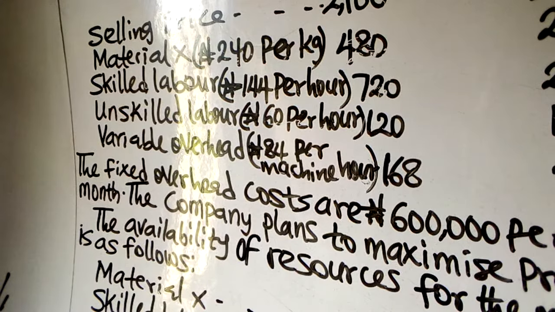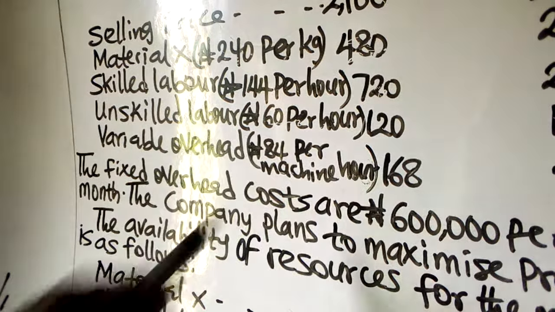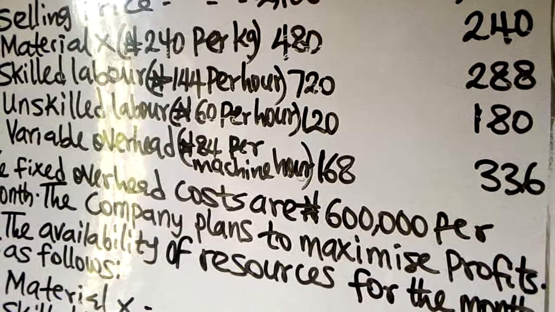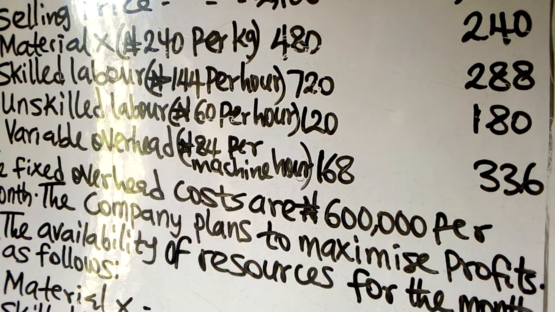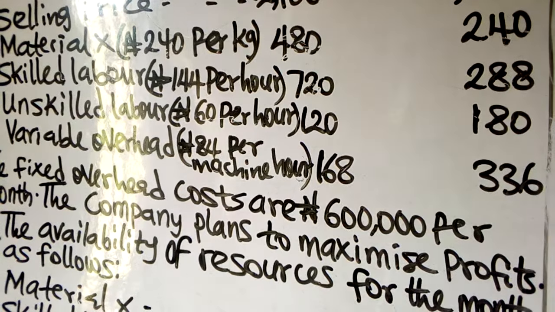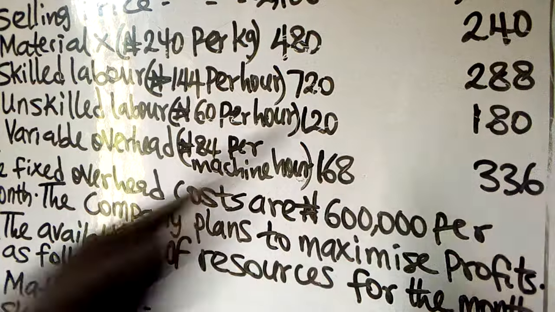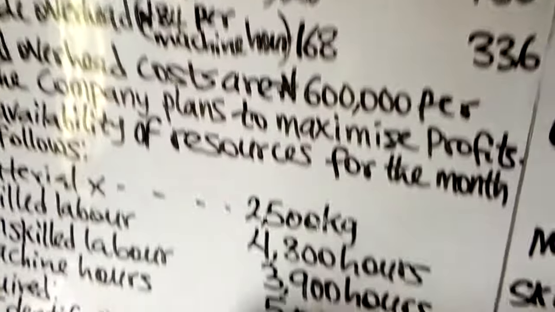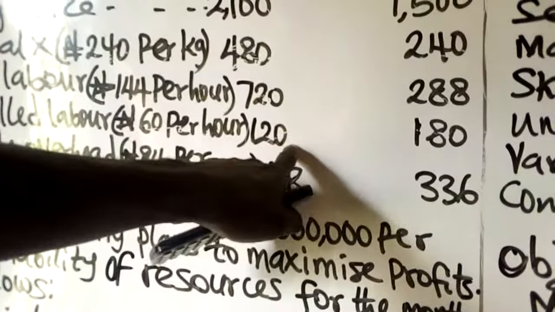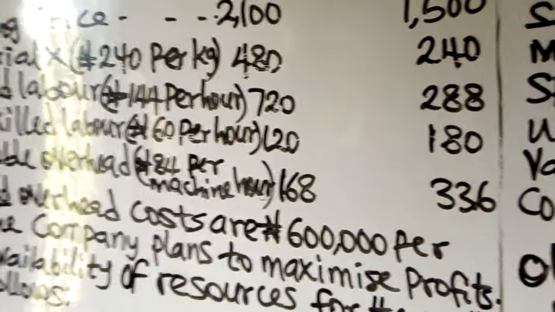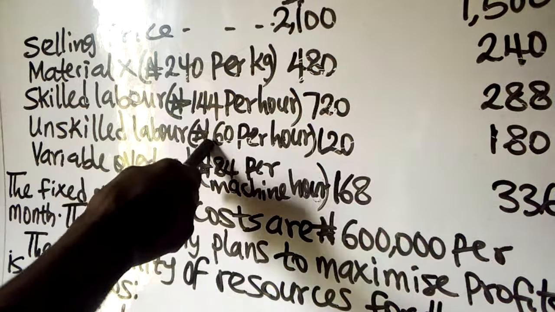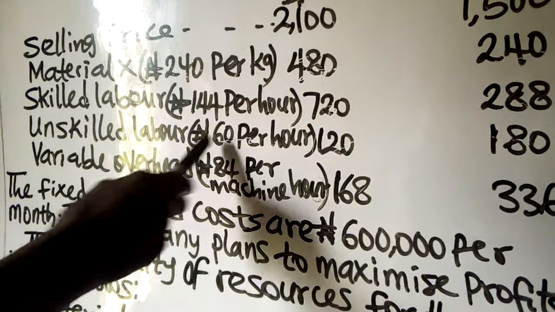For unskilled labor, we have 60 naira per hour. And you are given 120 naira for grade A and 180 naira for grade B. Since these are in cost and the available 3,900 is in hours, you will need to convert the cost to hours. So this will be 120 divided by 60 and 180 divided by 60.